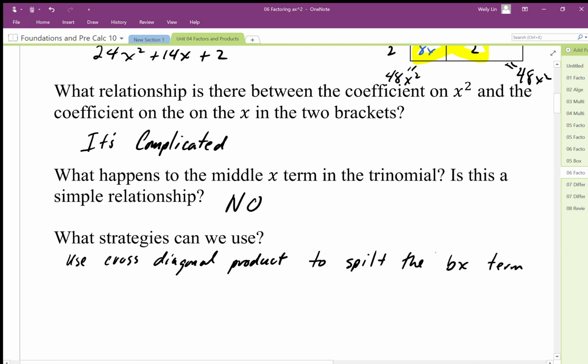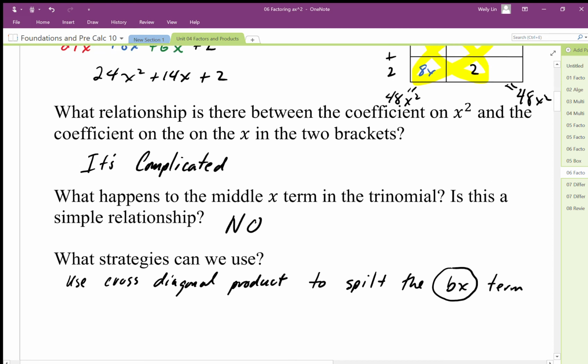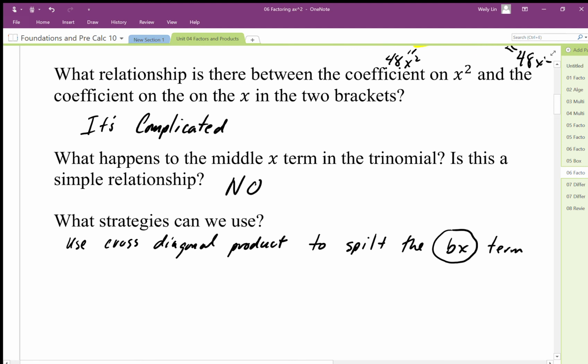Okay, this is a key. How do we split up the bx? How do we split up the 14 up here if we're going to unmultiply this or factor this? Okay, so that's going to be very important. And pretty much every strategy that we have, and we're going to see something called decomposition as well, essentially uses a proper principle that we want to know how to split the middle term.